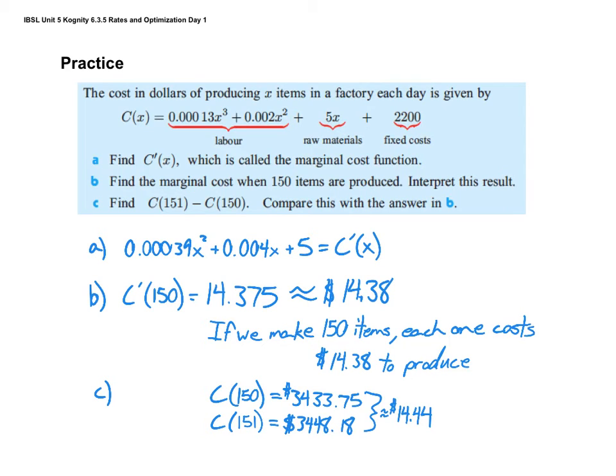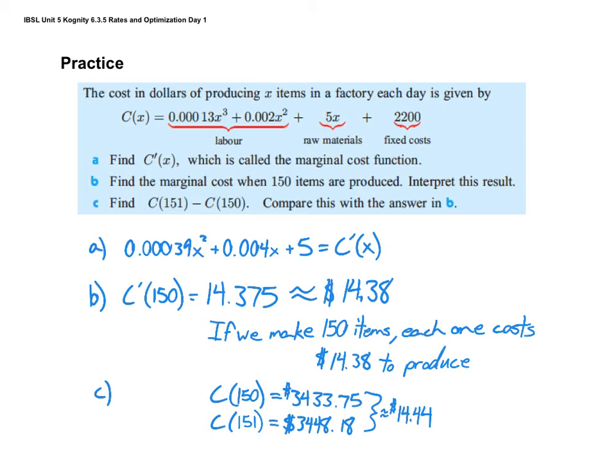So you can see, treating it kind of linearly like this gives us kind of an average. It's a little bit different than what C prime of 150 is. C prime of 150 gives us an instantaneous rate of change.